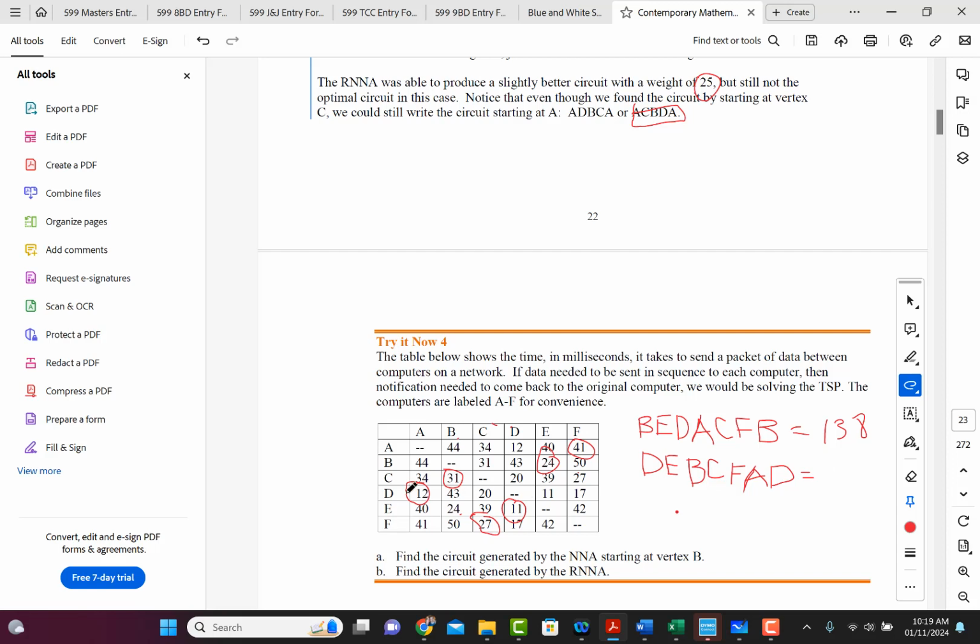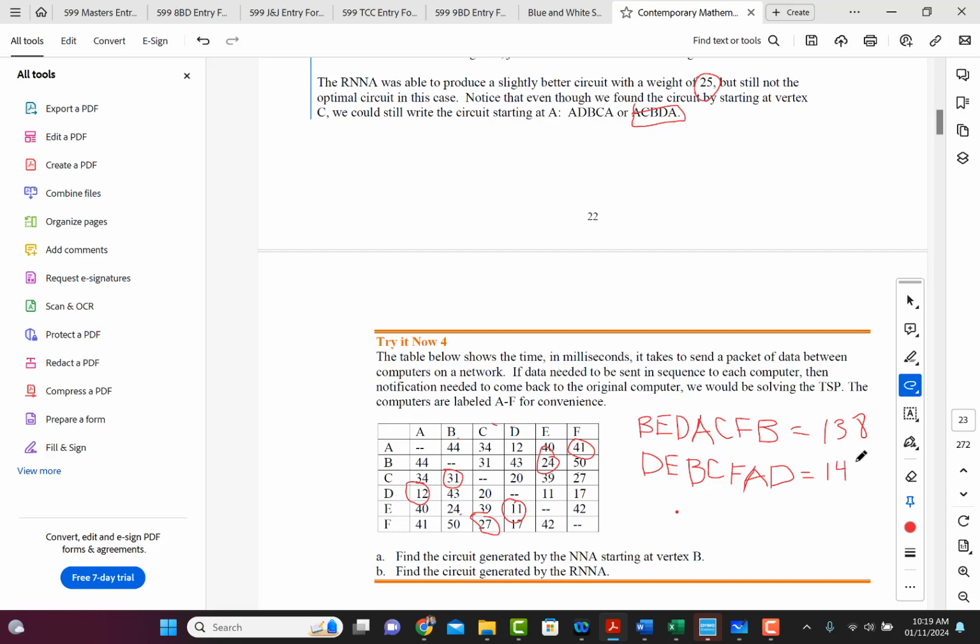We get 43, 60, 70, 70, 81, 101, 105, 146. So we actually went up. So that was worse.